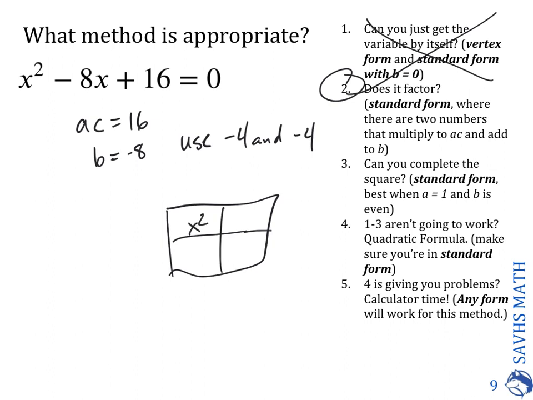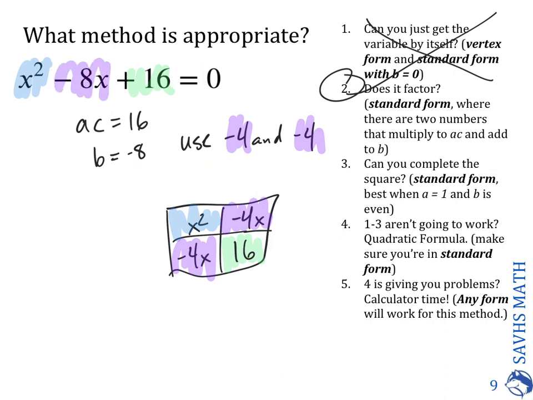So we'll put x squared here to match this with this. We'll put 16 here to match this. We'll put our negative 4x and our negative 4x here and here to match with this and this, to match here and here, and to add up to this.